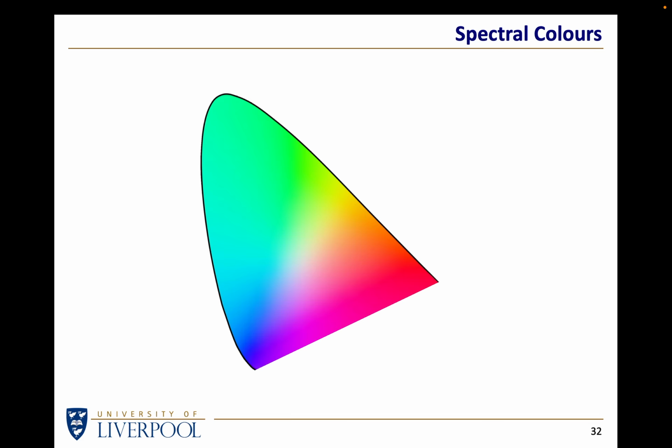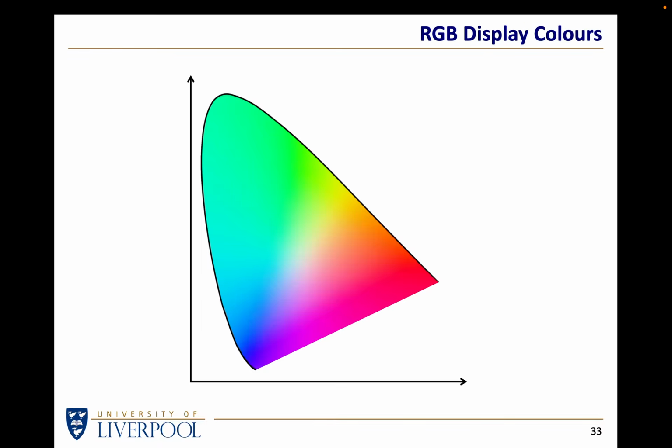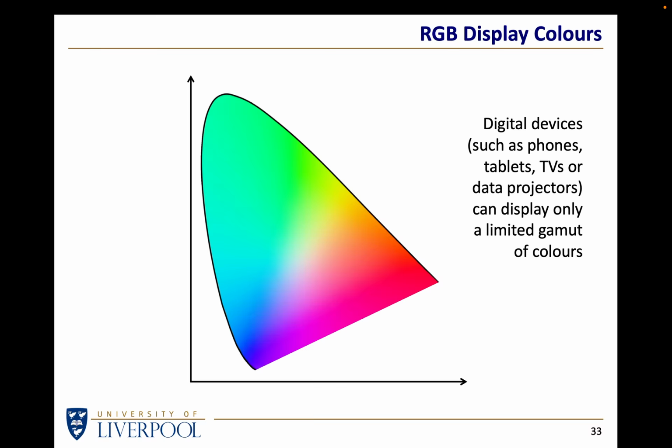But one thing we absolutely have to be aware of is the fact that although spectral colors exist there on the outer part of that representation, when it comes to thinking about what colors we can represent in the middle of this particular color space, we have to be aware that every display, every device that's capable of producing an image, such as a TV or a data projector or my laptop, etc., they will not necessarily give you displays that look the same.